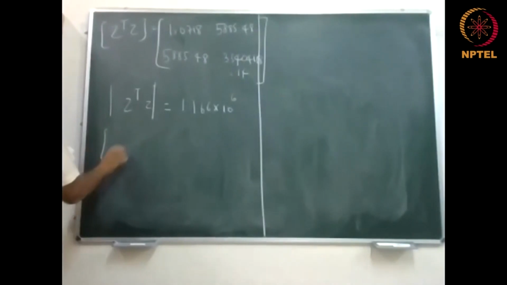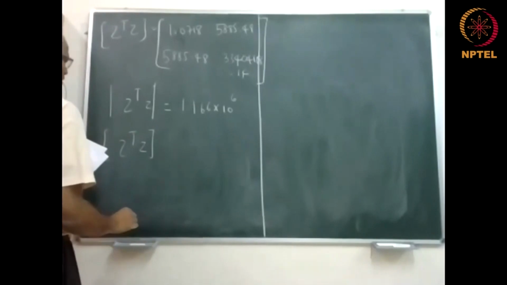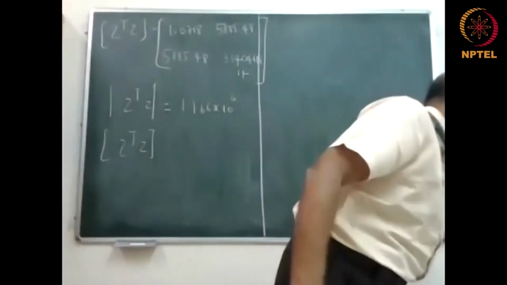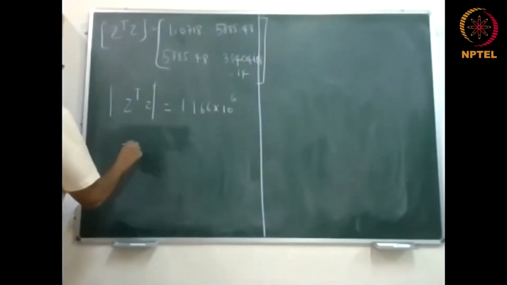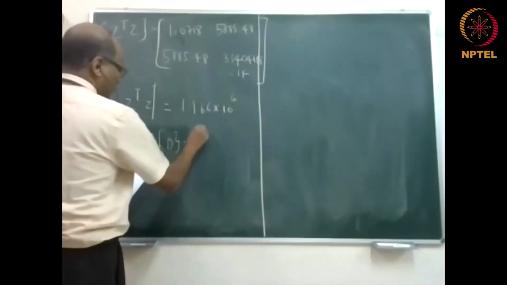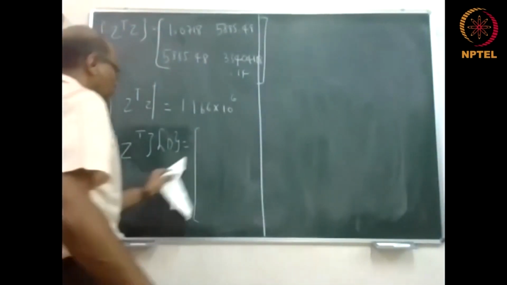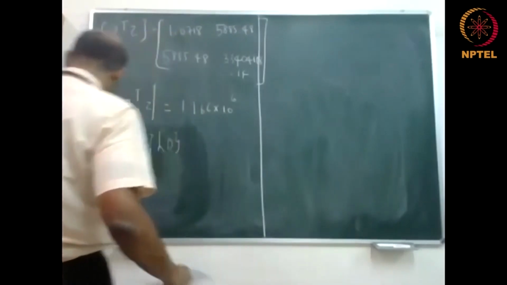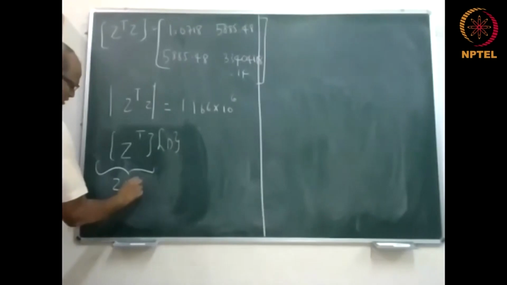Okay. Now, Z transpose operating on D is how much? So what is this? Two by 6.